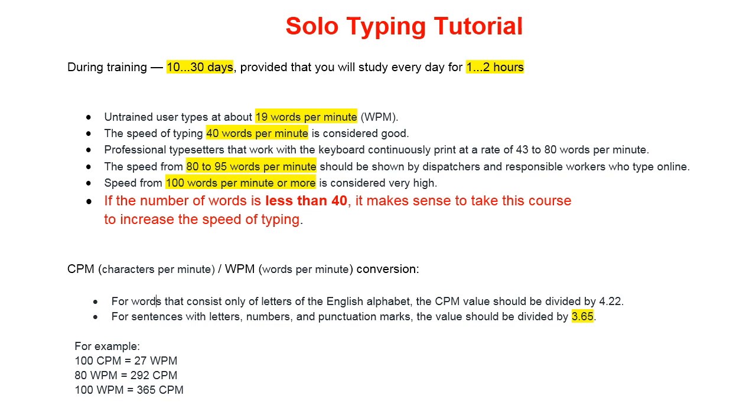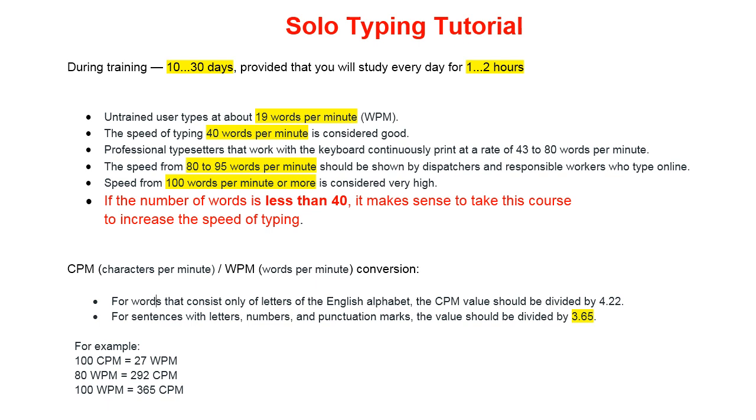of typing. In the course of Solo Typing Tutorial, speed is determined by the value of typed characters per minute, abbreviated CPM. You can translate them into WPM. For words that consist only of letters of the English alphabet, the CPM value should be divided by 4.22.